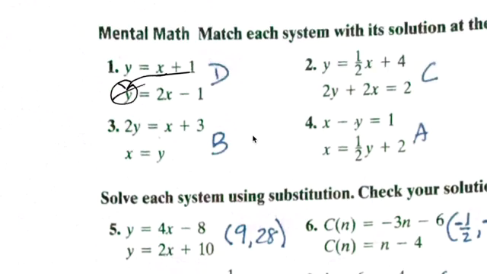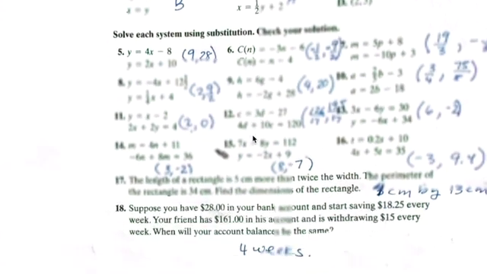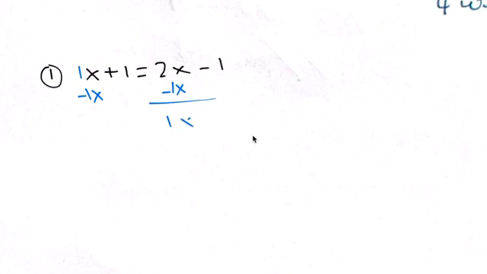So mark that off. You have now x plus 1 equals 2x minus 1. Get rid of the variable first. I normally get rid of the smallest of the two. That's an invisible 1. You get 1x minus 1, equals 1 there.